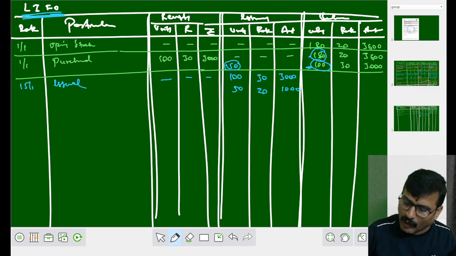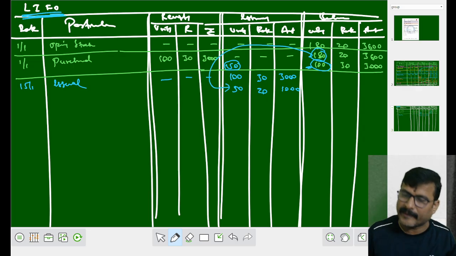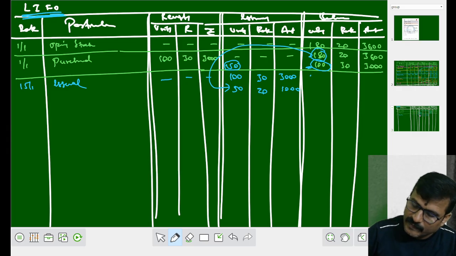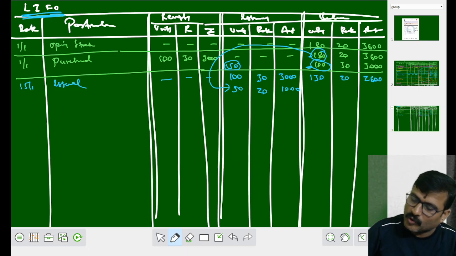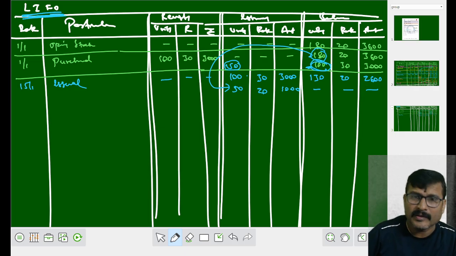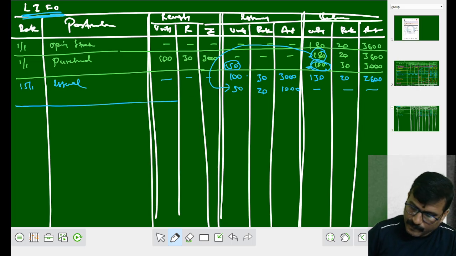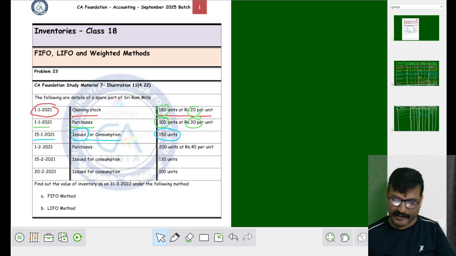Out of 180, you gave 50 units. Left out is 130 at 20 rupees, 2600. The 100 units have gone fully, so a dash has to be put there.